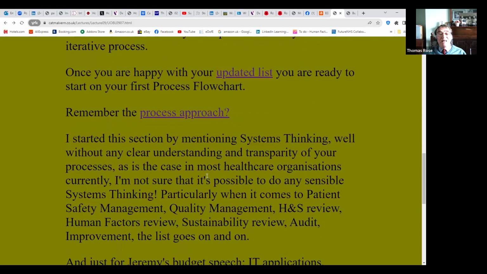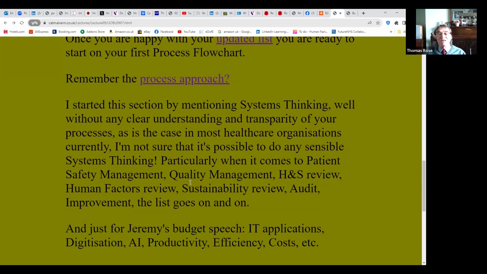And systems thinking, you've got to have a pretty clear understanding of what systems thinking is all about. It's lining all these processes up to give you a system rather than an individual process.